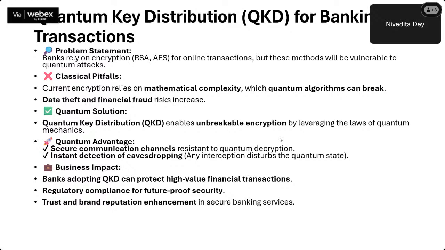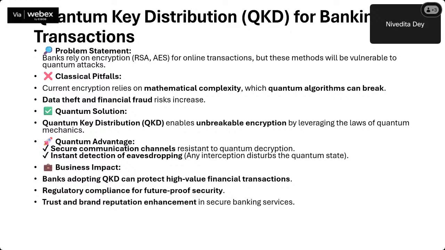So, quantum key distribution for banking transactions. Just go through that. The problem statement is that encryption algorithms for online transactions, RSA and AES, are vulnerable to quantum attacks. The classical pitfall is that they rely on mathematical complexity, which quantum algorithms can break, so data theft and financial fraud risks will increase.